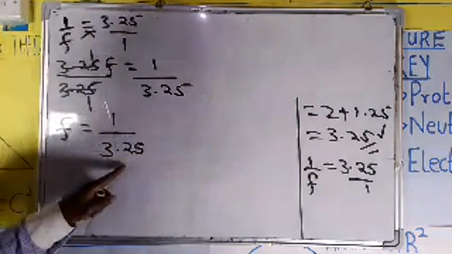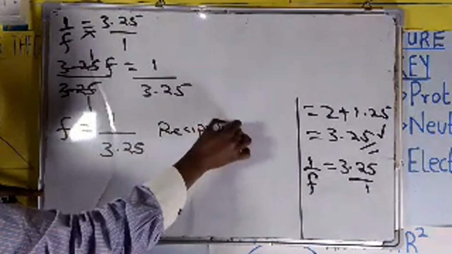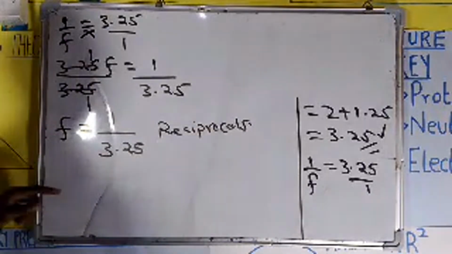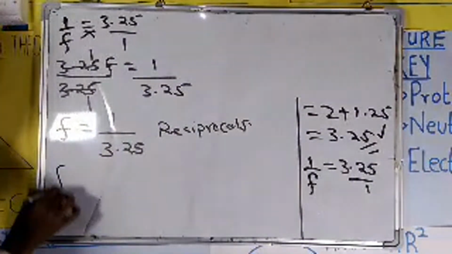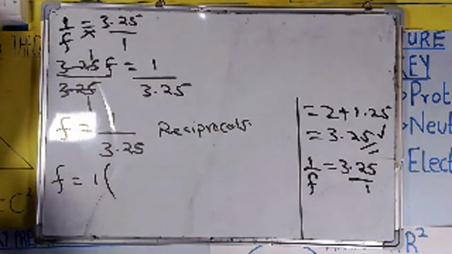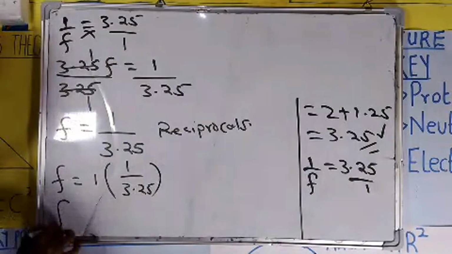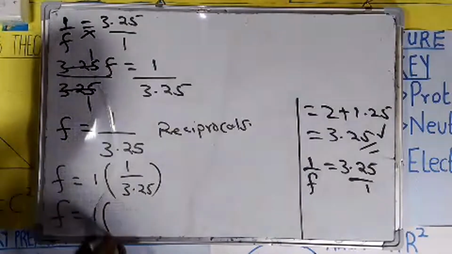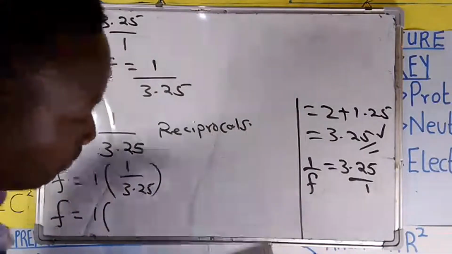So what are we going to do here? We still find the reciprocal, because we are supposed to use the tables. Once we find the reciprocal of 3.25, we are going to get f is equal to 1 multiplied by the reciprocal of 3.25.